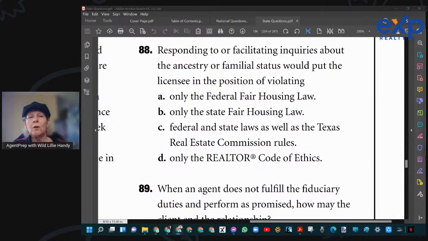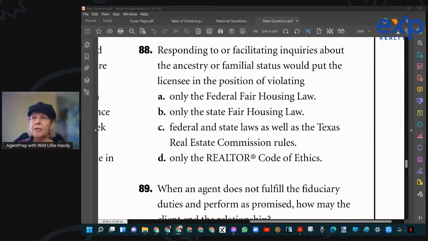Okay, so responding to or facilitating inquiries about ancestry or familial status would put the licensee in a position of violating what? Only the federal fair housing laws, or federal and state laws, as well as Texas Real Estate Commission rules?